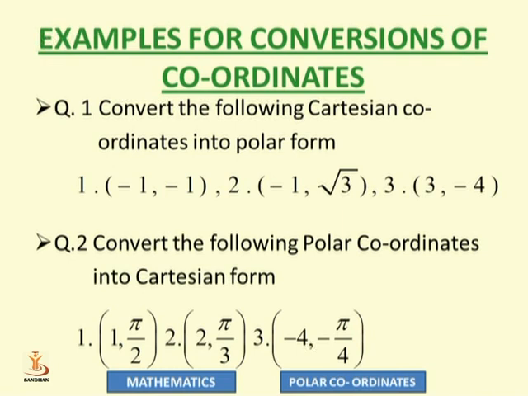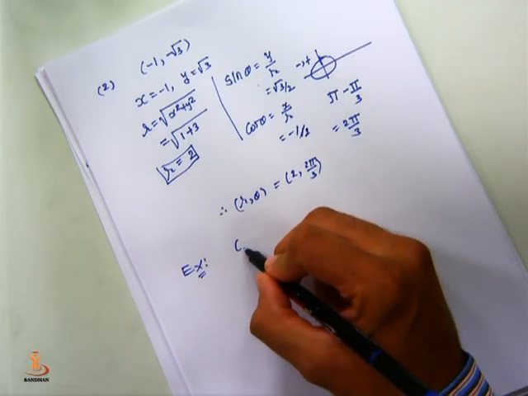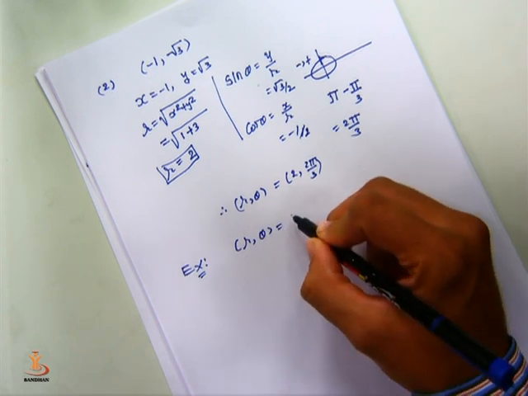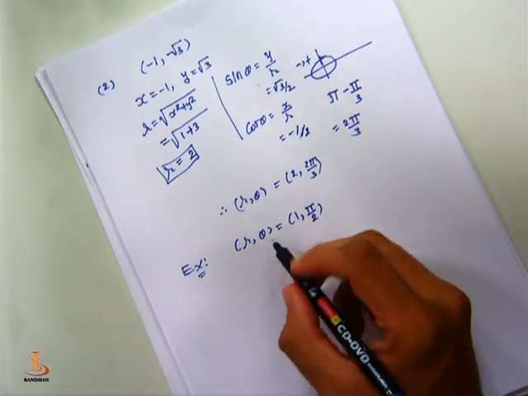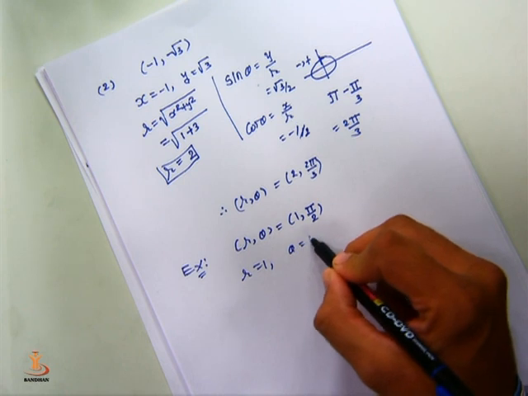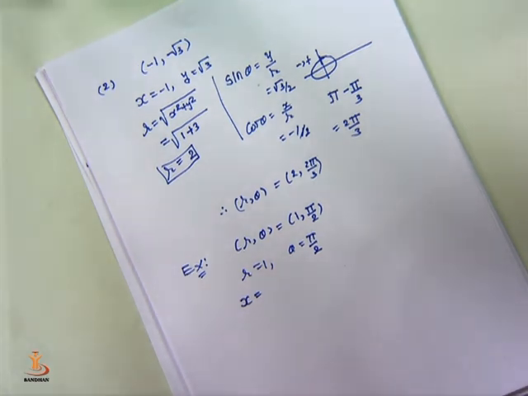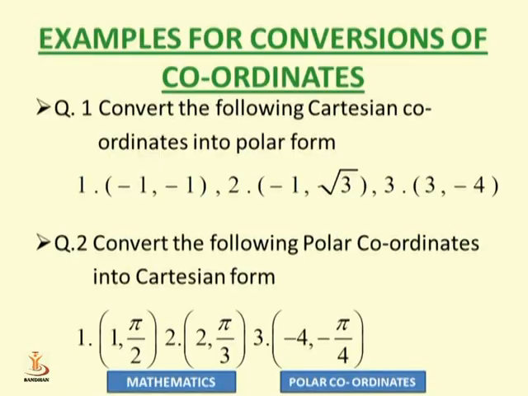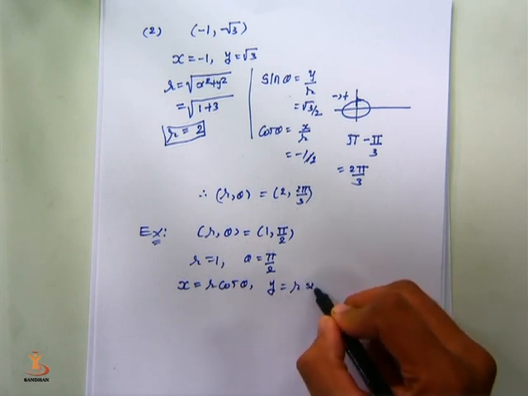In this kind, you will be given the polar coordinates and now you are supposed to convert them into Cartesian form. Say for example, we are taking one polar coordinate as (r, theta) equals (1, pi by 2). So r is 1, theta is pi by 2, and we have the very straightforward relation x equals r cosine theta, y equals r sine theta.